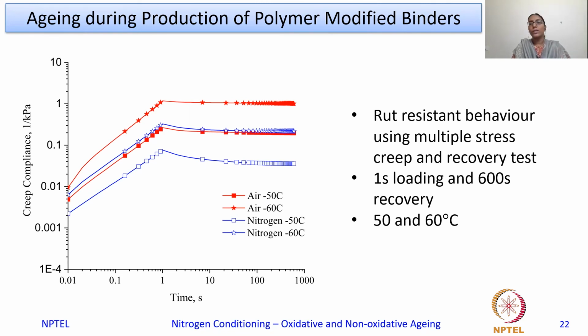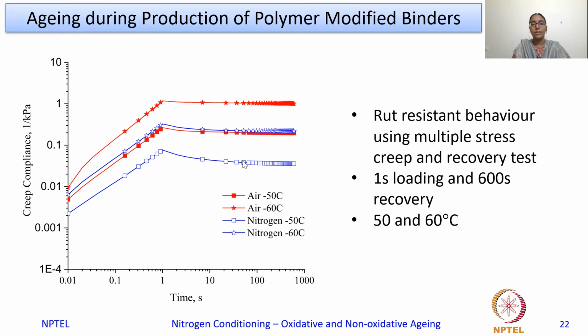What is presented here is the rut resistance behavior, determined using the multiple stress creep and recovery test at a 1 second loading and a 600-second recovery at two temperatures of 50 and 60 degrees Celsius. As you can see here, the red line indicates the polymer modified binder prepared under the air atmosphere, whereas the blue line indicates the preparation done under nitrogen conditions.